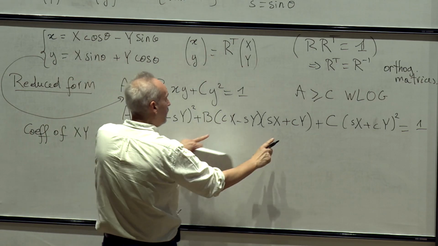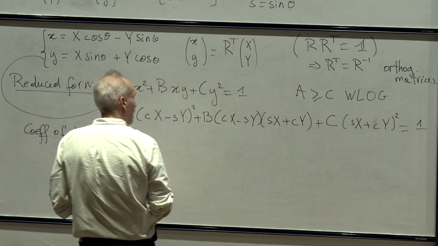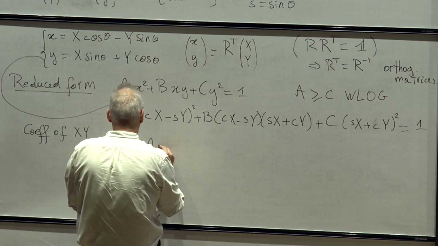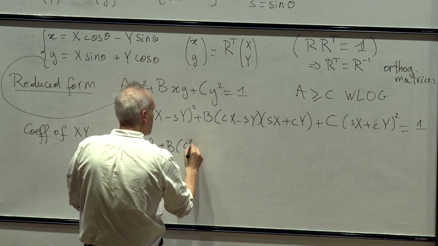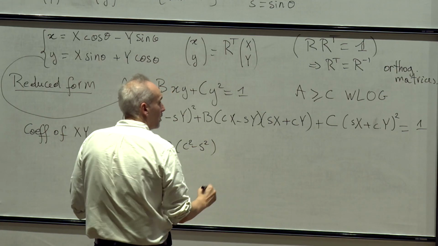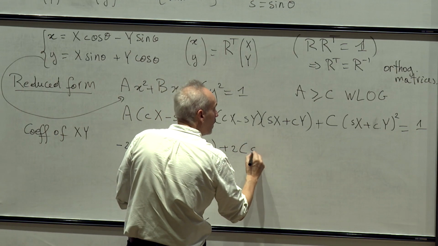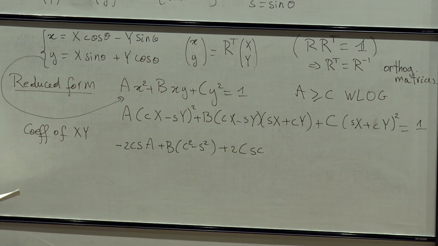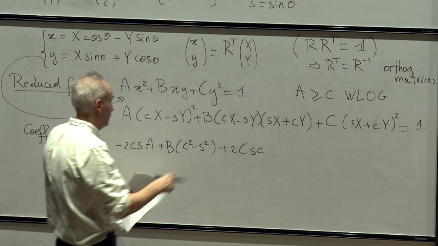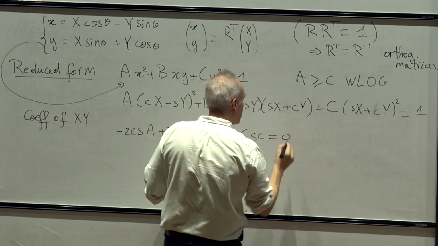From the second one, I have plus b times (c squared minus s squared), plus 2cs times c, equals 0.